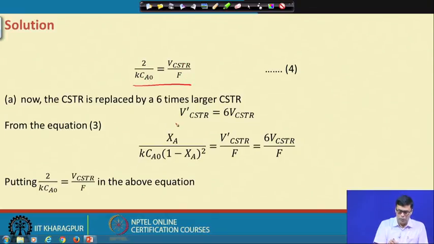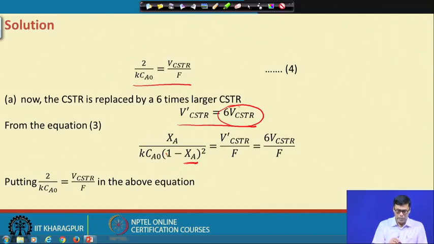Now in this problem, the first part is that we want to increase the volume of the reactor 6 times, am I right? So your new volume will be 6 into V_CSTR, where V_CSTR was the previous volume and we want to increase it 6 times. Let us assume the conversion at that time is X_A.